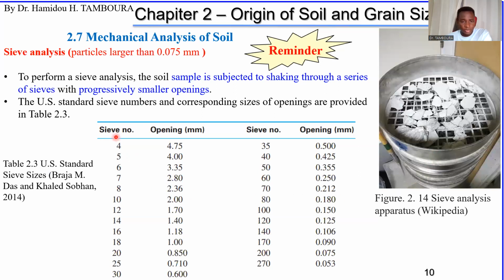I need you to remember that sieve number 4 has an opening of 4.75 millimeters, and sieve number 200 corresponds to an opening of 0.075 millimeter.